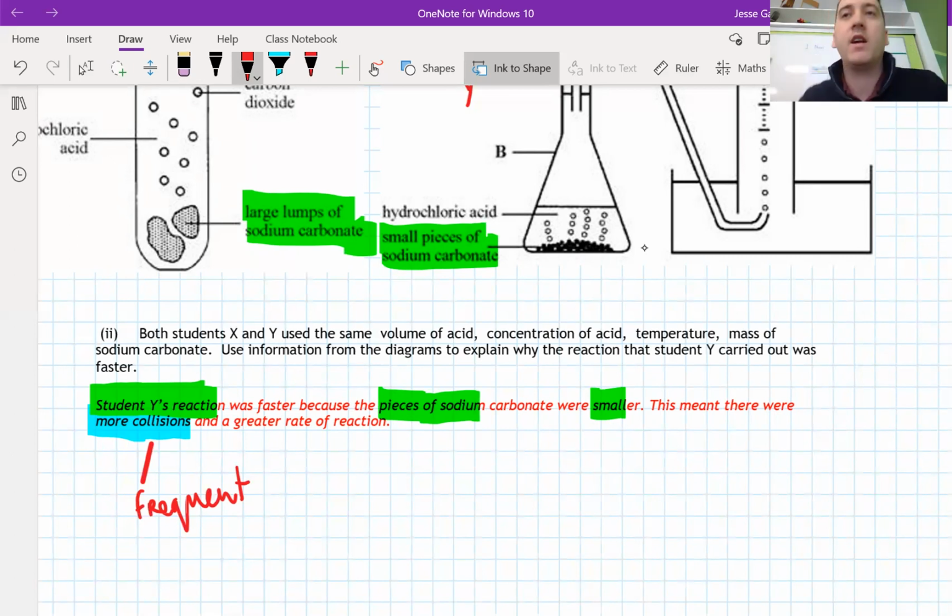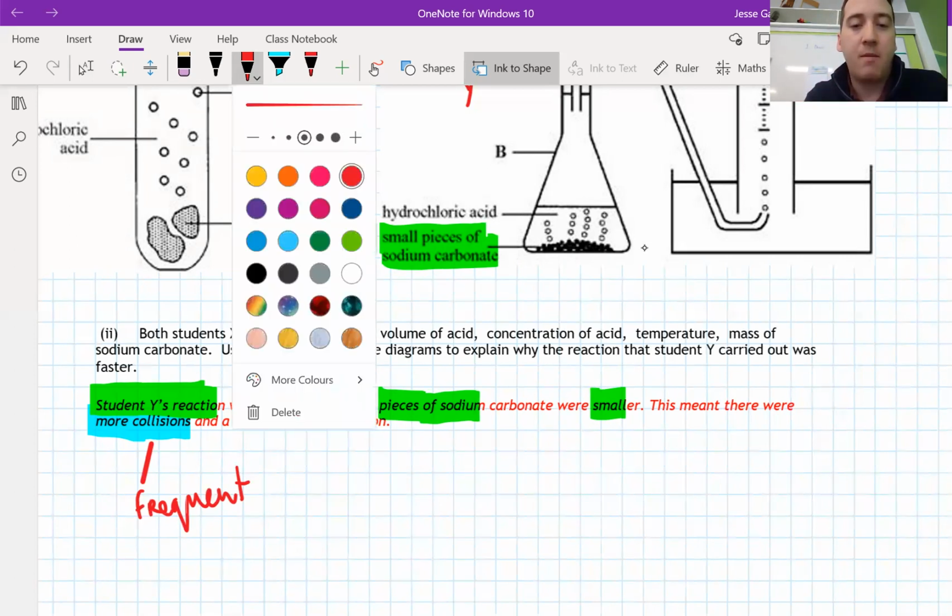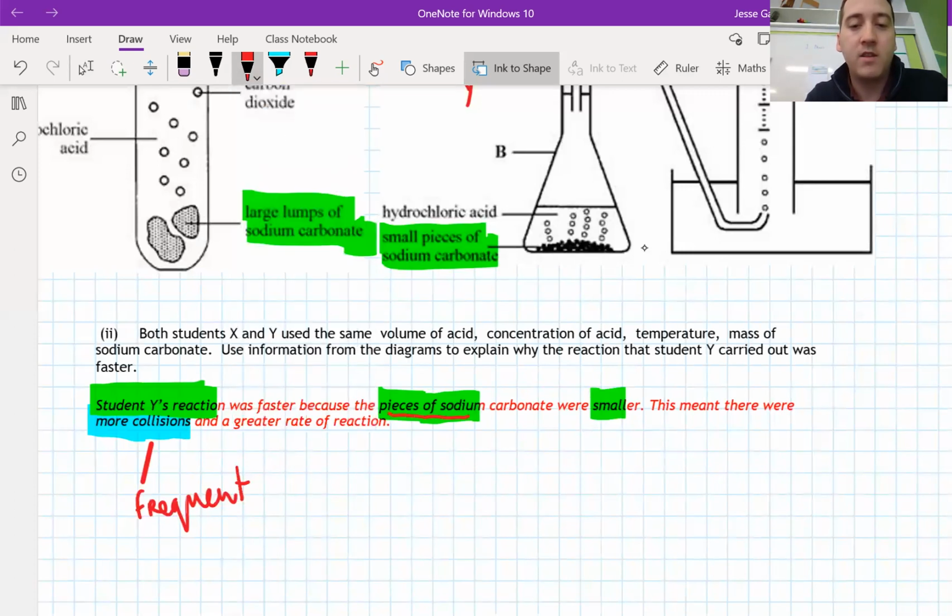So they've correctly identified the effect, that student Y's reaction was faster, but they did not specify that there were more frequent collisions. They also did not specifically mention that the smaller pieces of sodium carbonate meant that there's a greater surface area. They've said the pieces of sodium carbonate were smaller, but so what?